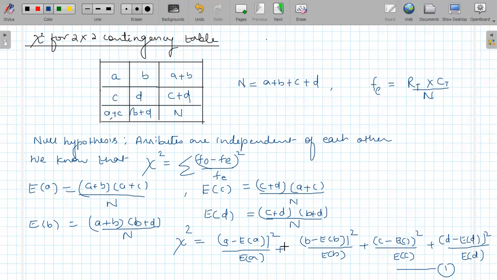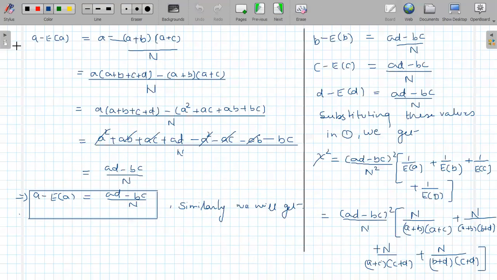To simplify this, first of all we simplify this upper part A minus EA. So let us take A minus EA.